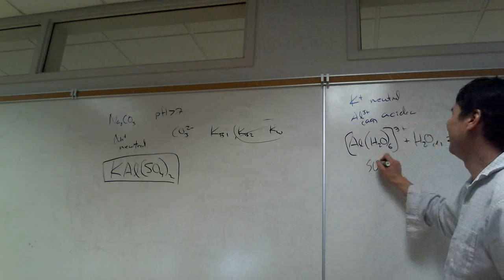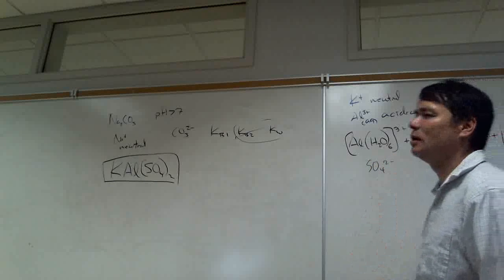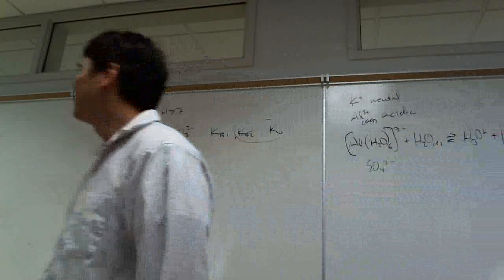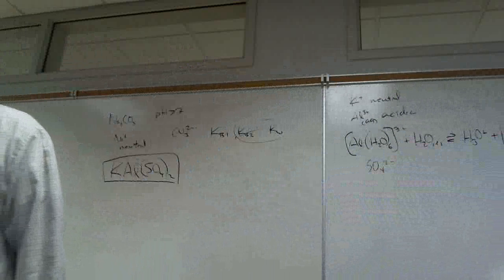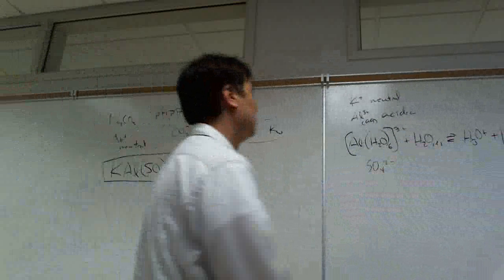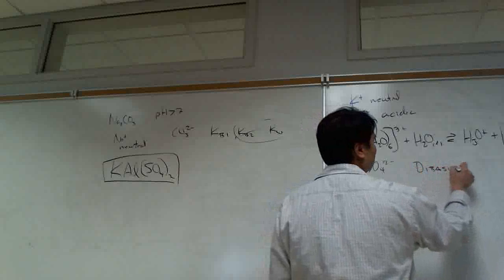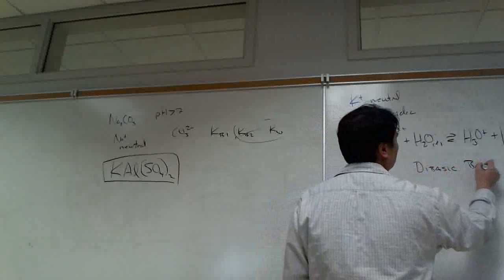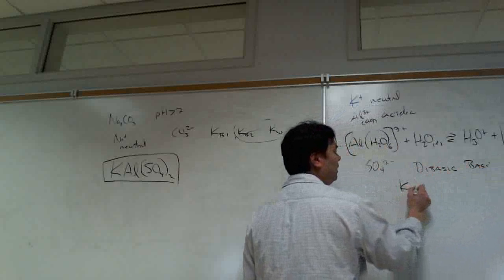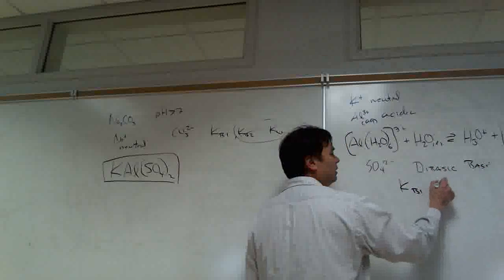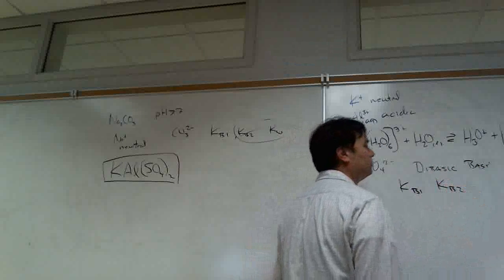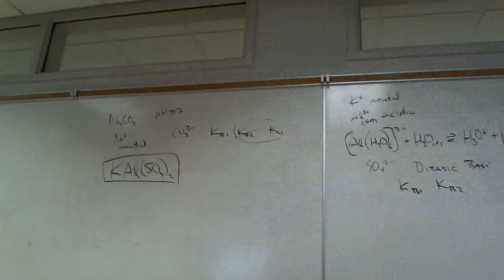How about sulfate? What is sulfate? Sulfate is a base. It's a dibasic base, which means there's a Kb1 and a Kb2. How can we figure out what the Kb's are?